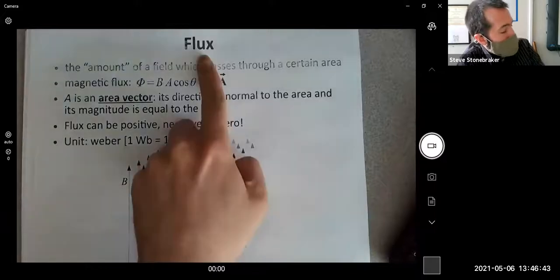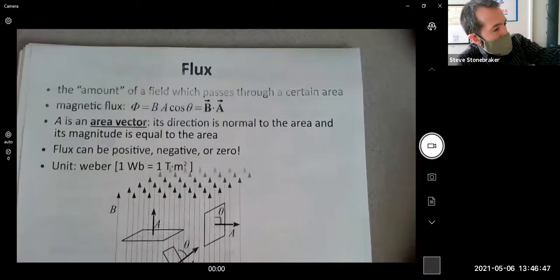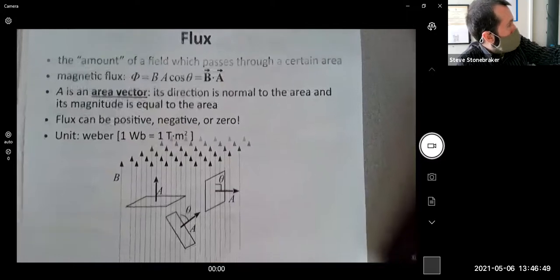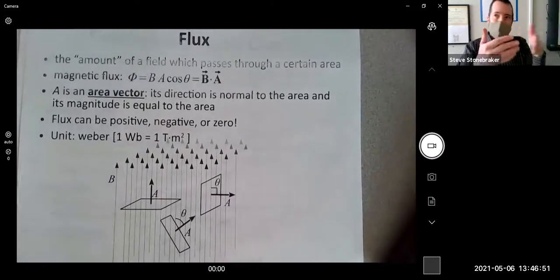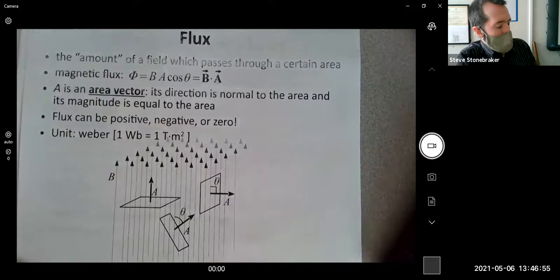But we have this new word called flux. In general, in English, the word flux refers to something passing through something else. And when it comes to flux for magnetic fields or electric fields, it's the same general idea.